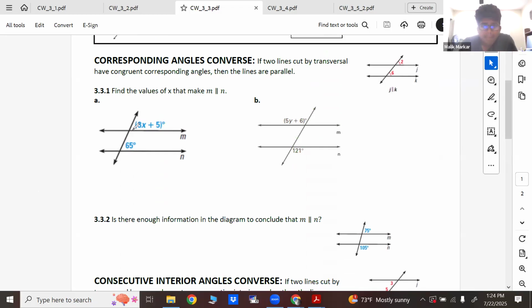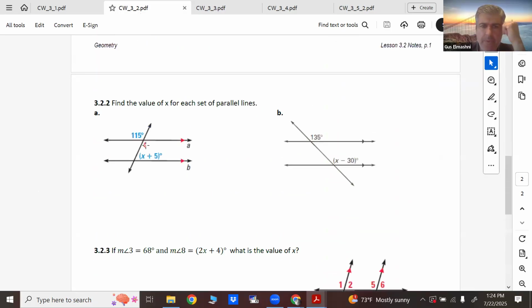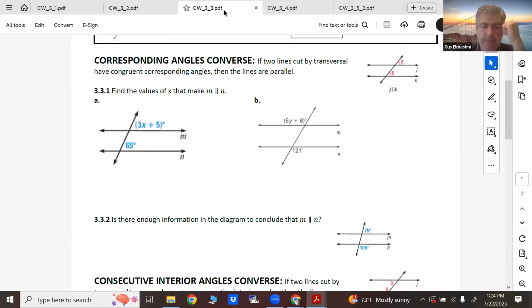So now, if we want to prove that they're parallel, I'm not sure how that's different. I guess we were told that these are parallel. If you want to prove that they're parallel, I don't see how it's really any different, but obviously X here would be 20. Here, that's going to be 121.